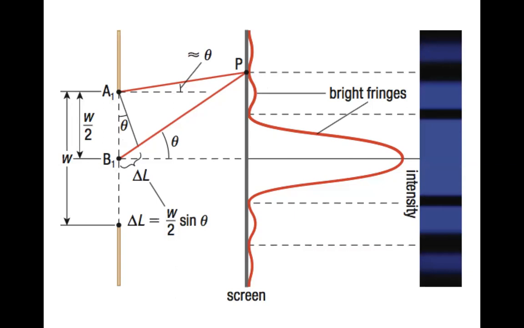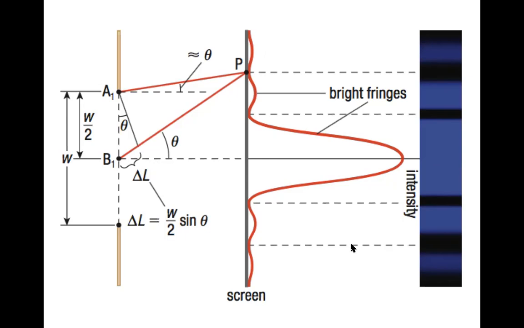And if we take a look at the path length difference between two wavelengths, the path length difference might be just enough for destructive interference or just enough for constructive interference.